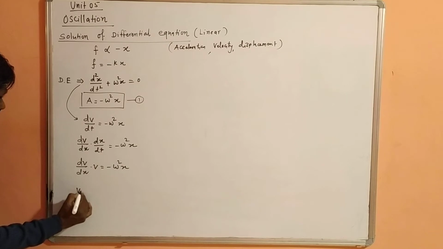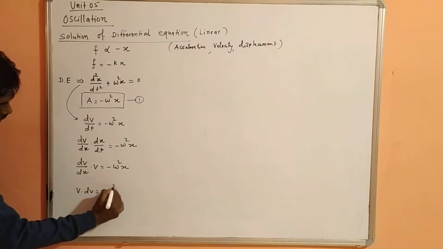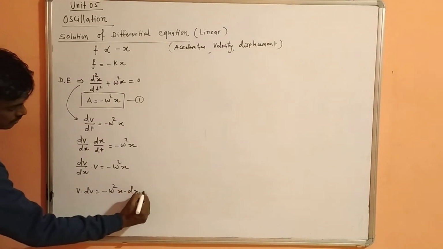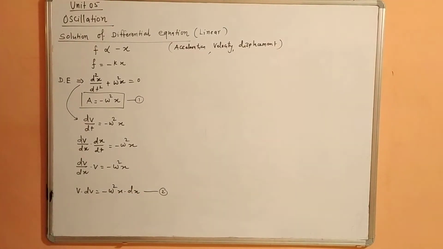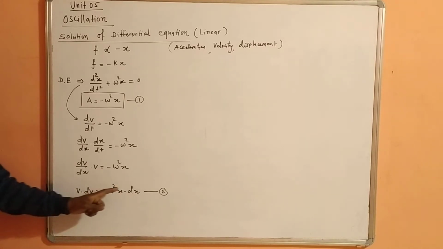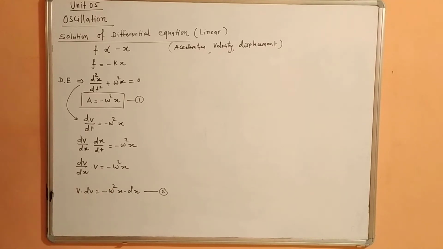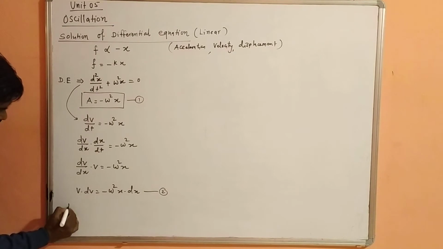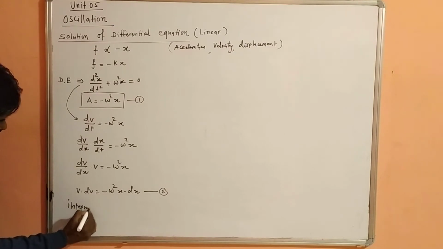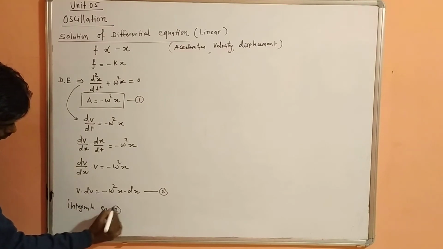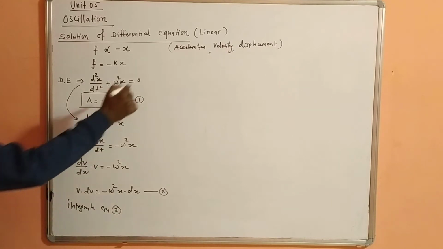Dx shift to this side, we get v into dv is equal to minus omega square dx. Equation 2. Now see this equation 2 carefully. Both sides there are derivable terms, so we can integrate equation 2. So what we get?